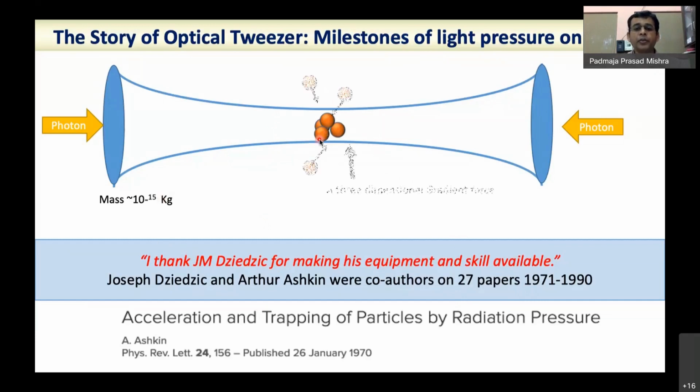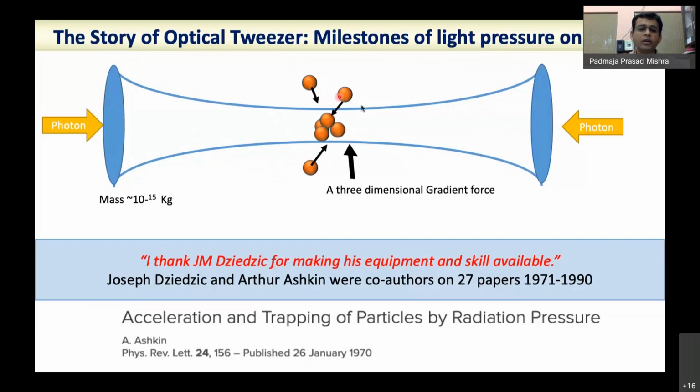But what was not explained in this paper is what he observed later: if there are particles not in the direction of the propagation of the photon, but in a direction orthogonal to the propagation, and nearby this intense area, they kind of get sucked into the laser beam.